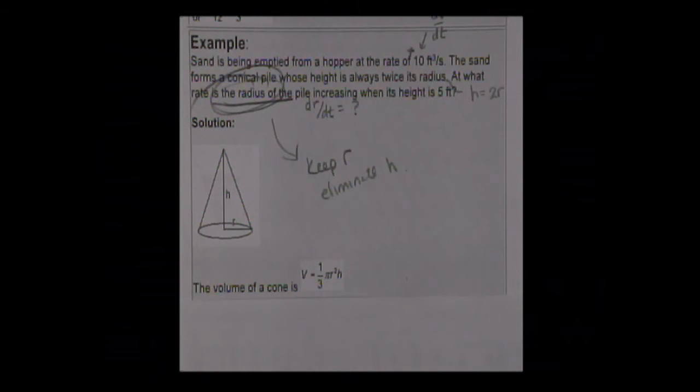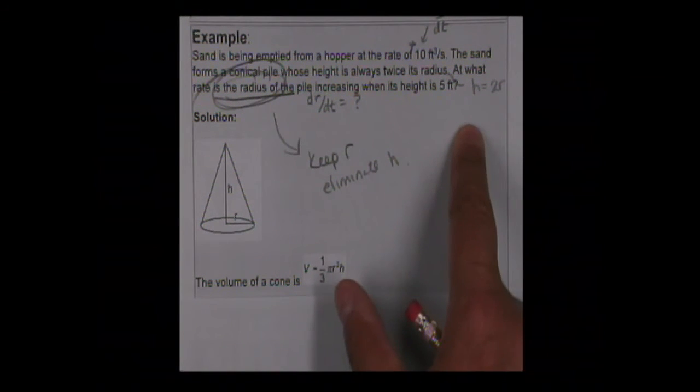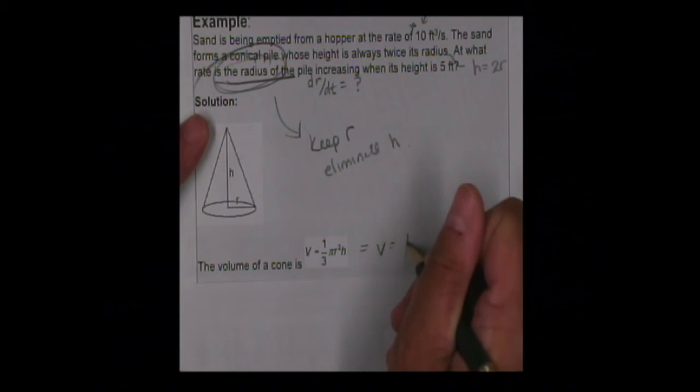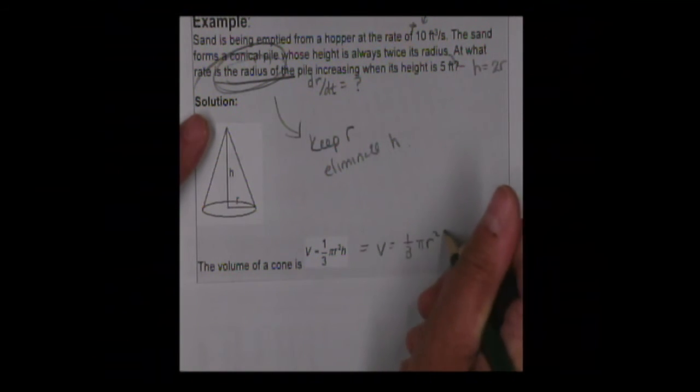Since they're asking me something about the rate of the radius, that's indicating to me I probably want to keep r, get rid of h. Which helps out nicely because I know h is 2r. And so I can actually, and you'll see this on the paper, I can just put that in.